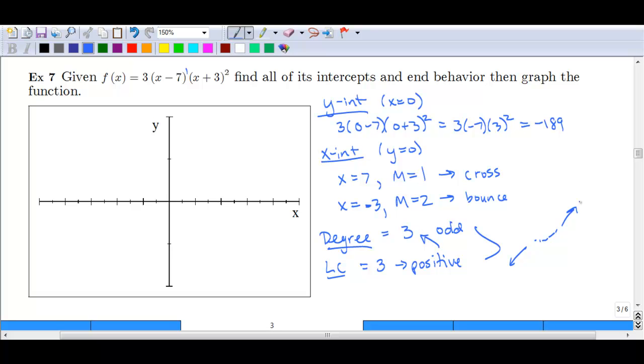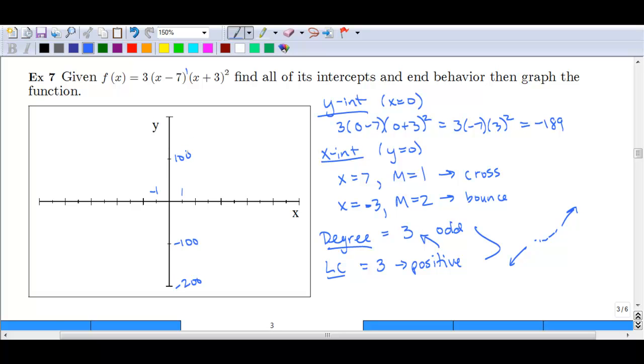So let's go through and label our axes. Again, our x values here, we've got 7 and negative 3. So we might want to go by 2's here, or 1, make this a 1, and this a negative 1. Whereas that y-intercept, we got that negative 189. So I'm going to make this negative 100, negative 200, just so that we can fit everything on the graph.